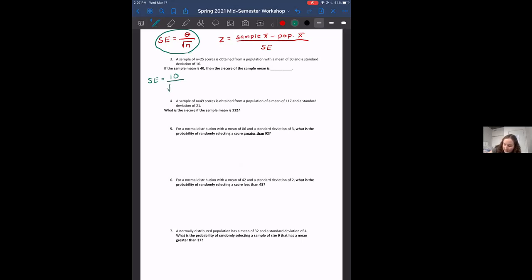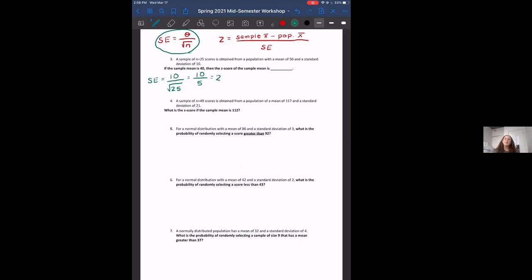We're going to do the square root of n. 25, yes, thank you. So 10 divided by the square root of 25. Can anyone tell me what the square root of 25 is? 5, yes, thank you. So 10 divided by 5 is 2, right?